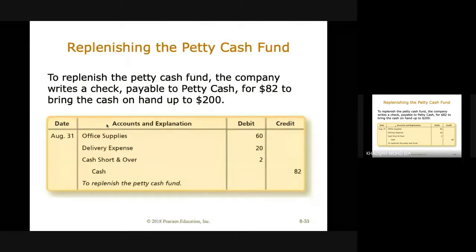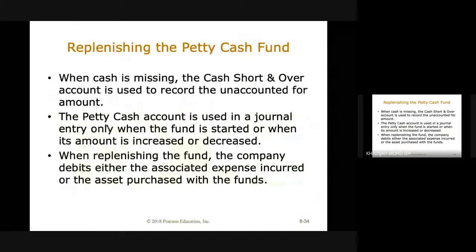This one is to replenish. When cash is missing, the cash short and over account is used to record the unaccounted for amount. We use journal entries to record any cash short or over. If it's cash short, it's an expense. If you have cash over, it's not a revenue, but it means you have to record it somewhere.